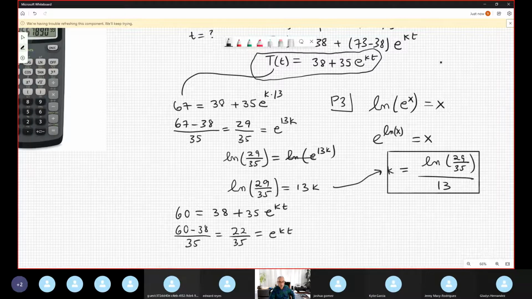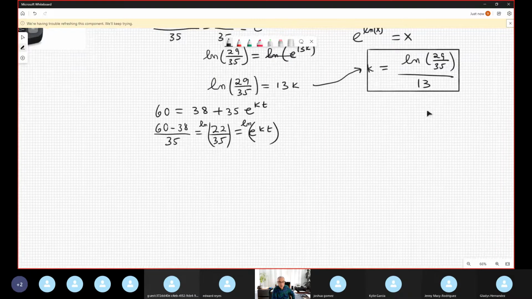You apply the logarithm again on both sides. And the logarithm, you see, is magic because it converts the exponential equation into a linear equation. No exponential equation anymore. This is kt.